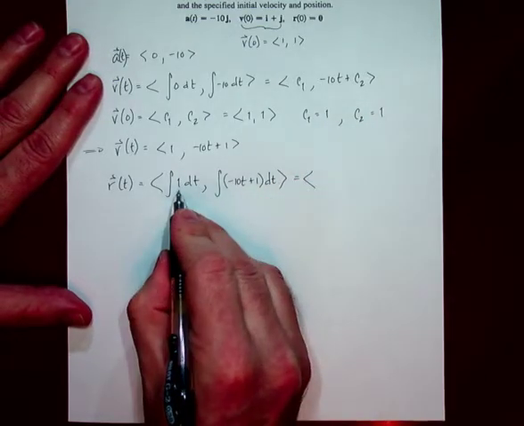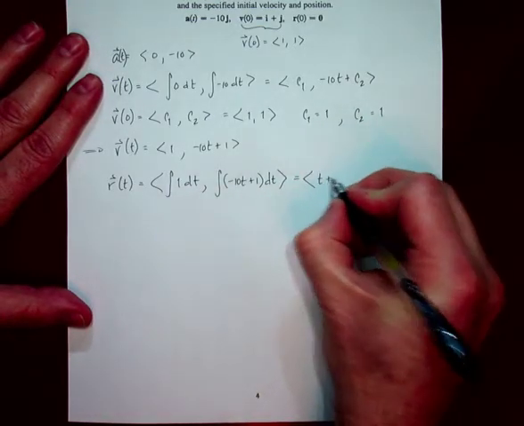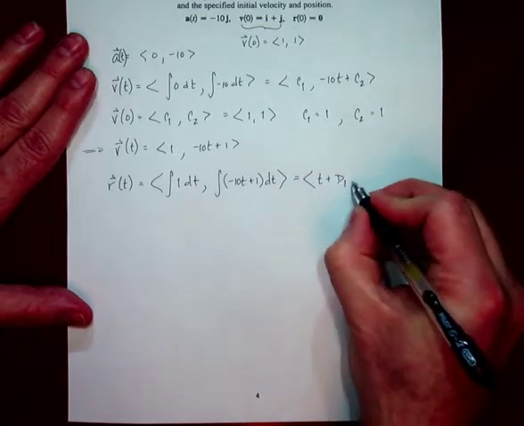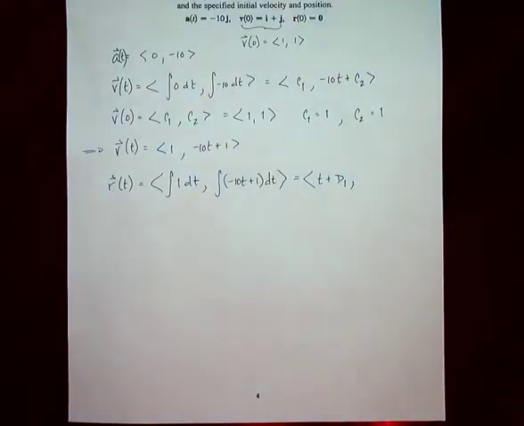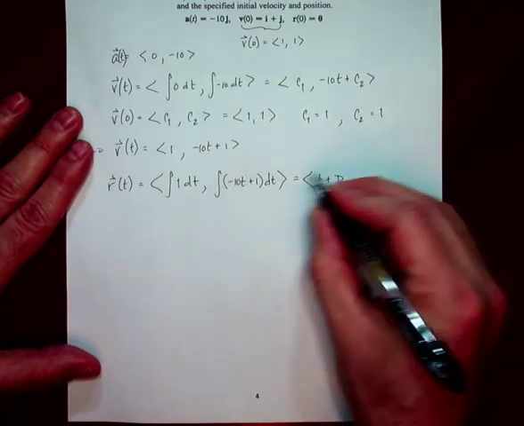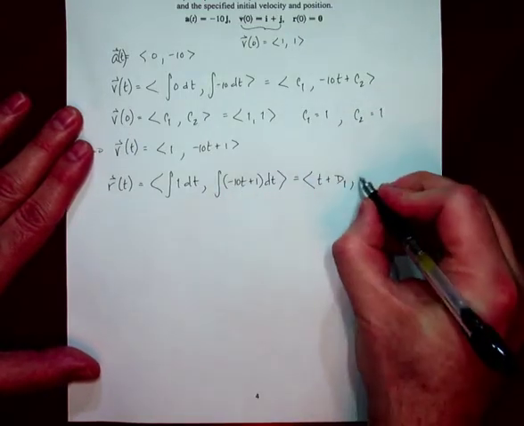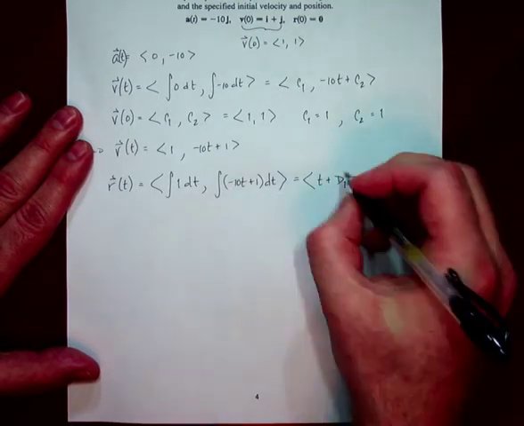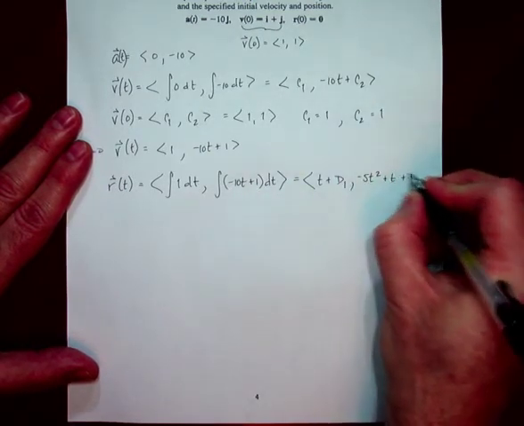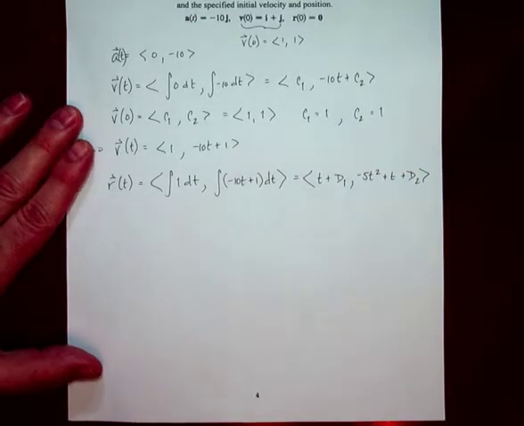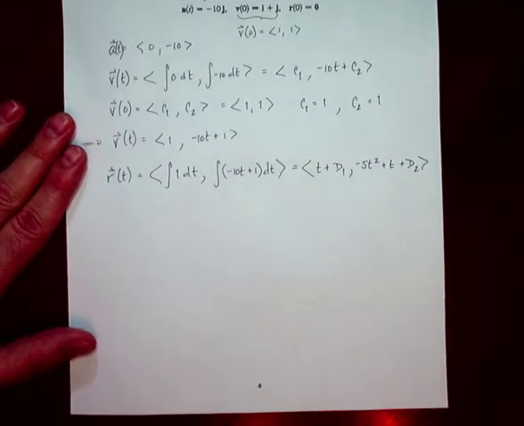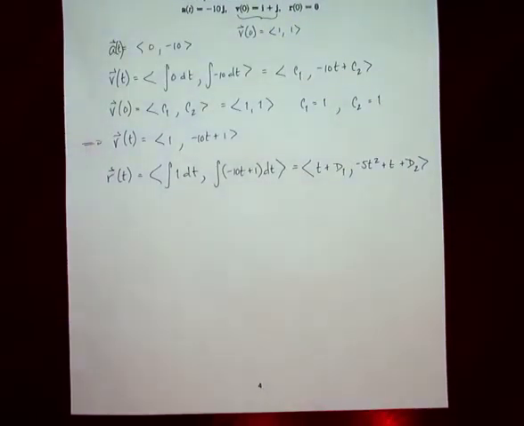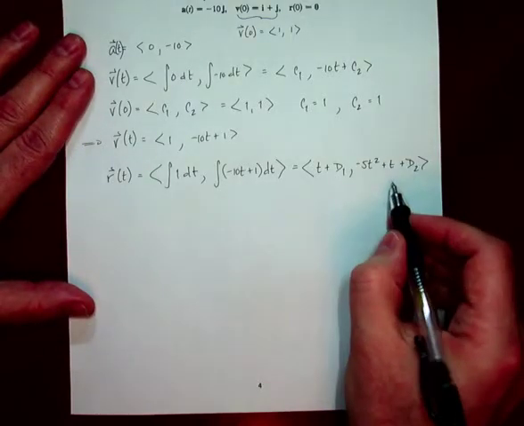The antiderivative of 1 is t, and on this one I'm going to use d, so d sub 1 and d sub 2. Now, of course, the antiderivative of -10t is -5t squared. Antiderivative of 1 is t, and then, of course, I have to tack on a d2 for the constant that's possibly there for this component as well.